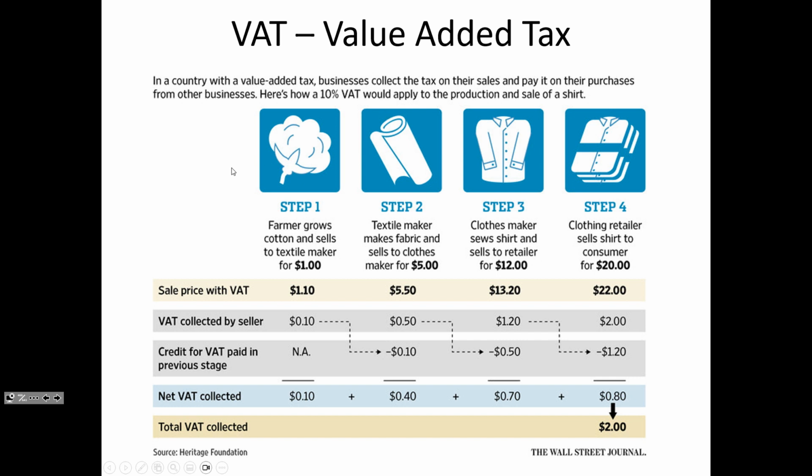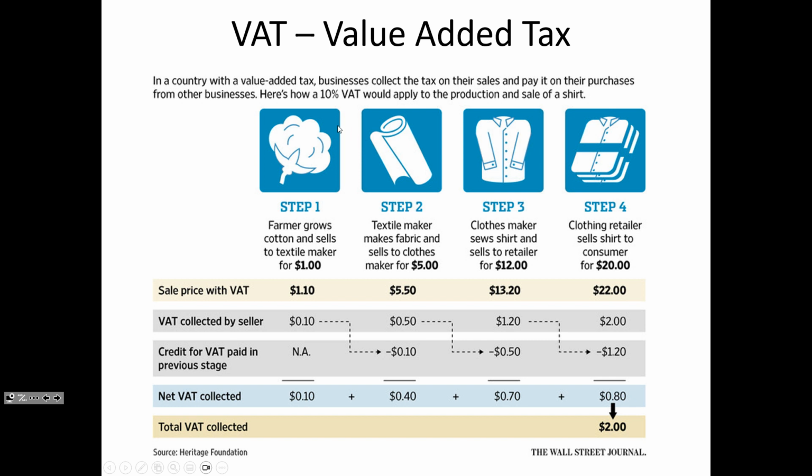Just stepping through this, I think, will make you see the way that the VAT operates. Let's just say that there was a 10% tax rate that applied. And the reason it's called value added is that at every step in the supply chain, somebody is doing something that makes the product more valuable. So for example, when a farmer grows cotton and sells it to a textile maker, the textile maker is going to turn that raw cotton into fabric.